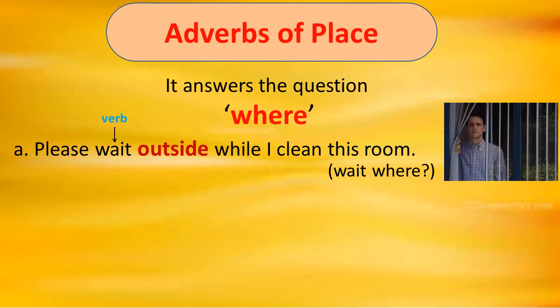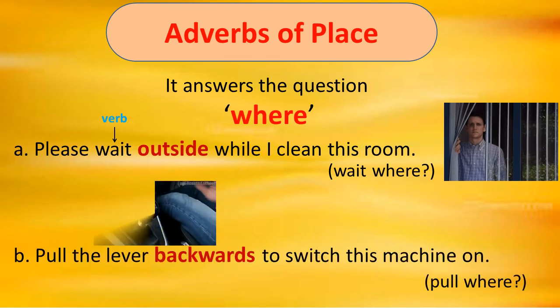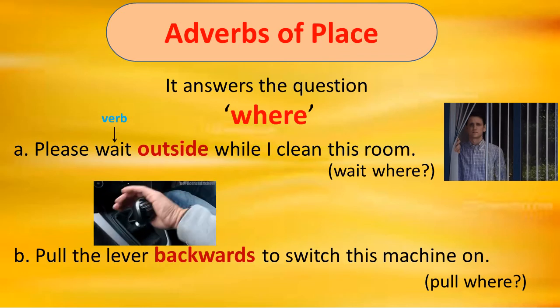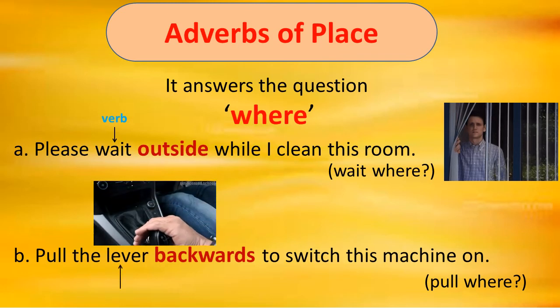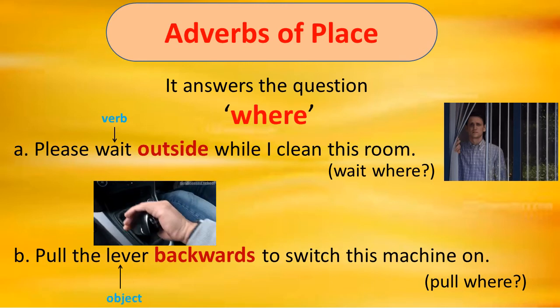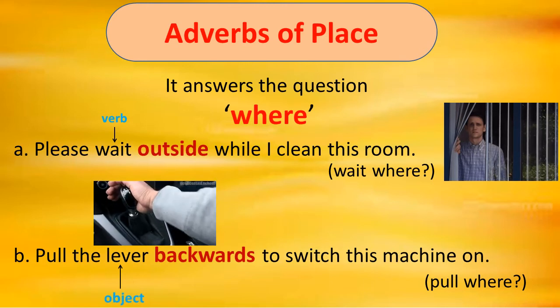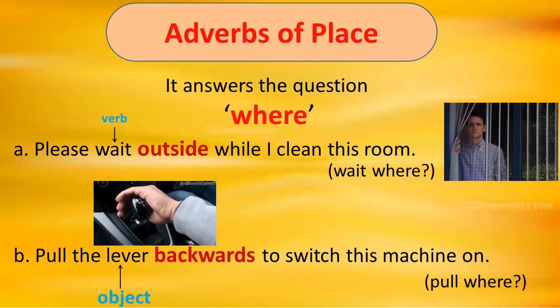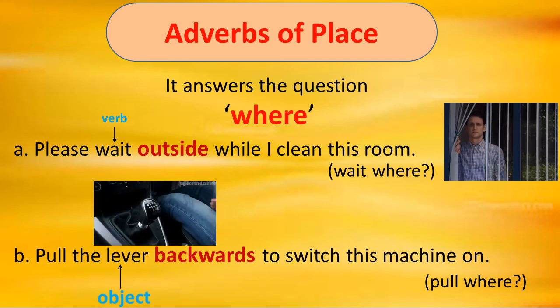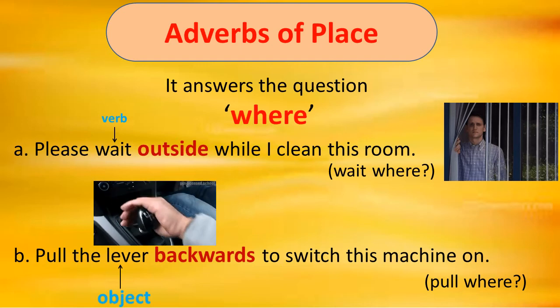The second example says, pull the lever backwards to switch this machine on. Pull where? Backwards. So, it answers your question where. Here, the adverb is placed after the direct object. In short, adverbs of place are placed after the direct object or after the verbs.